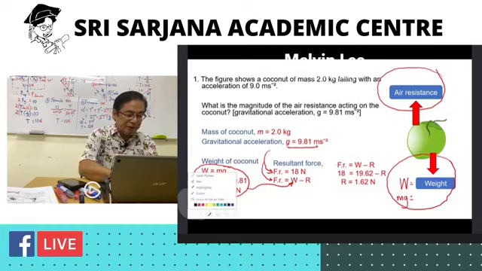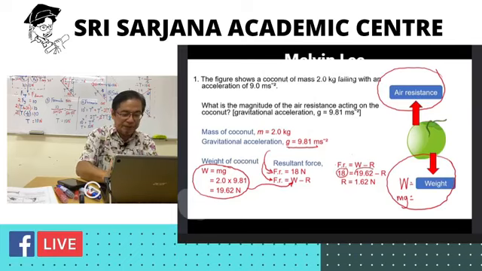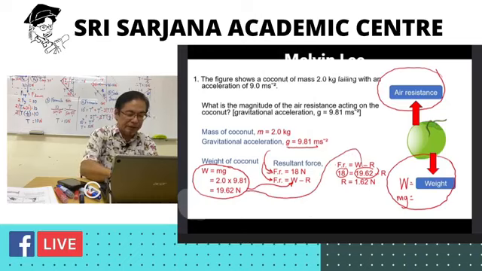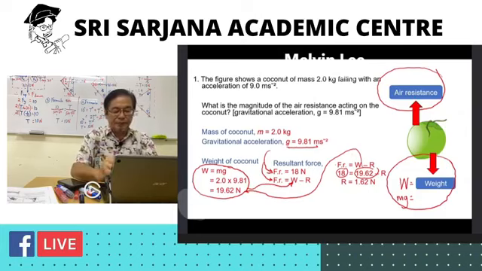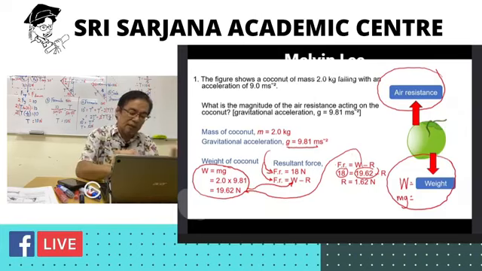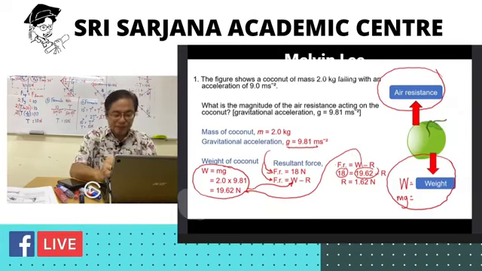Once I put resultant force 18 here, and the weight, I put in here 19.62, which actually comes from here, betul? And then you just rearrange it. Minus R to the left side becomes positive. Then 19.62 minus 18. Because 18 is positive, go to the right side, becomes minus. Boleh? That's how you get your R.